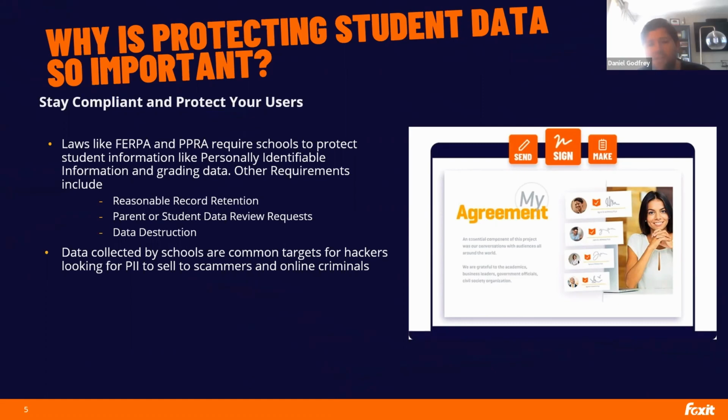If you're collecting any information about age, gender, any information that you're collecting on students is personally identifiable information and can be used by hackers to target them directly for scams and try to extract money or information from them. These are things we definitely want to avoid, but of course being within legal compliance is one of the most important aspects of this.